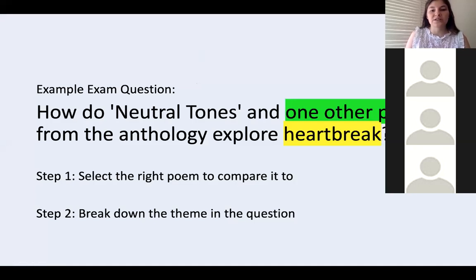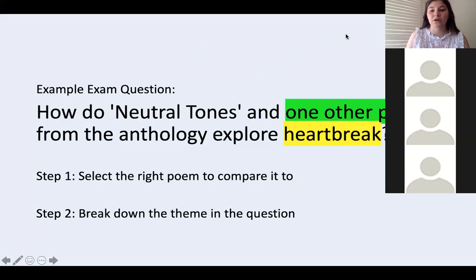Right, so let's see in the chat which poems you might compare Neutral Tones to if you are talking about heartbreak. Walking Away, says Holly, good. Yeah, Porphyria's Lover, says May, good. When We Two Parted, very good.